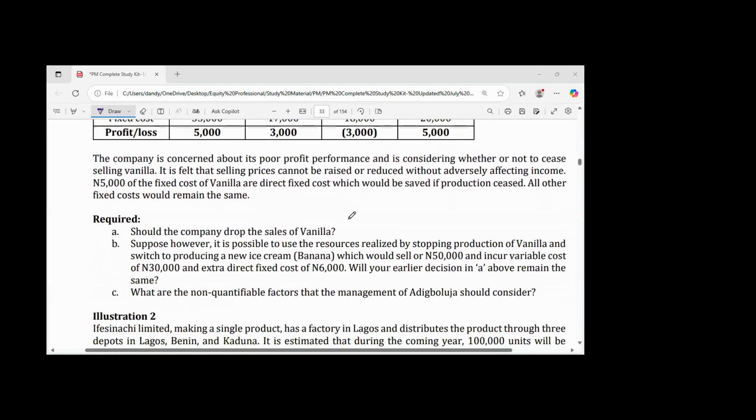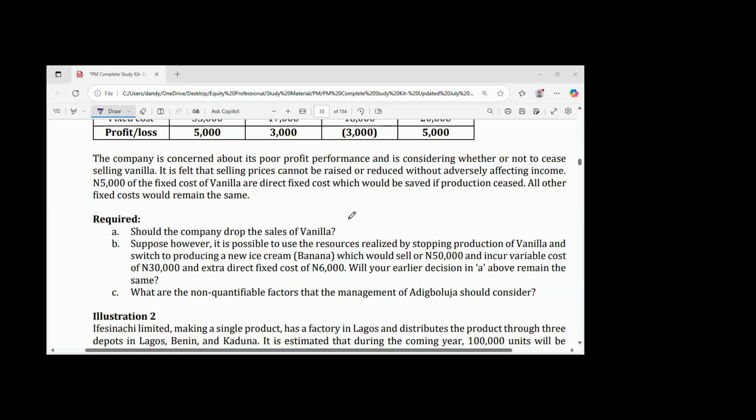The company is concerned about its poor profit performance and is considering whether or not to cease selling vanilla. It is felt that selling prices cannot be raised or reduced without adversely affecting income. 5,000 naira of fixed cost of vanilla are direct fixed costs which would be saved if production ceased.